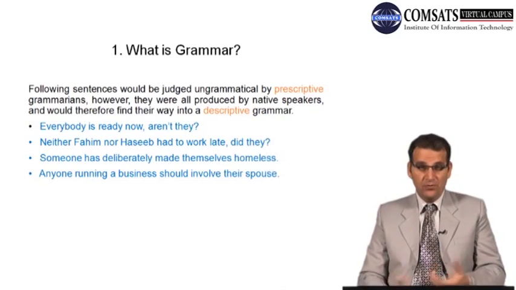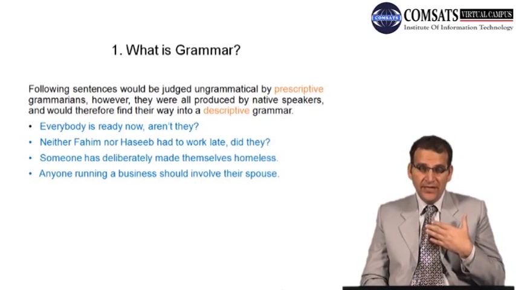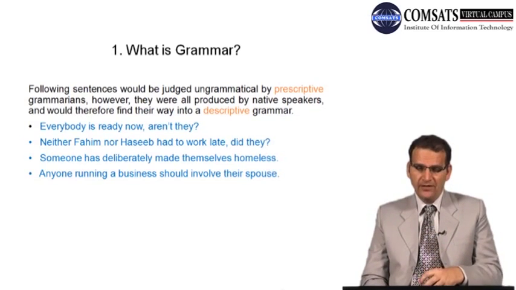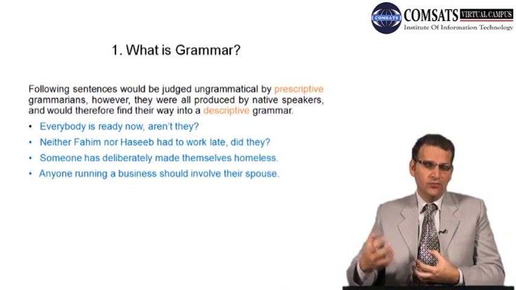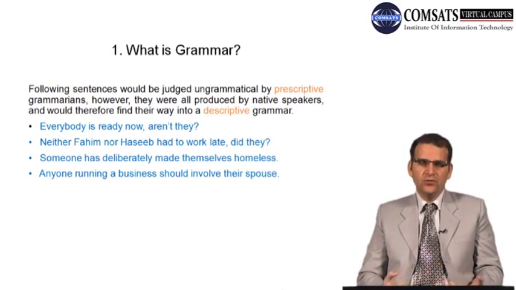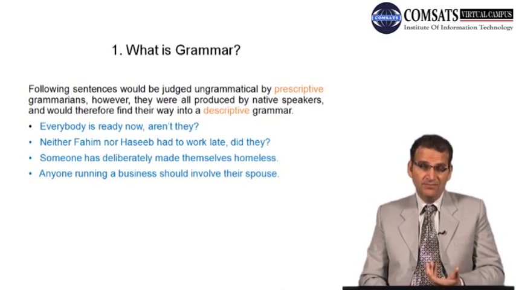I hope you understand. But of course, if you see these sentences, they are being used by even native speakers. They are accepted, in fact. Or, neither Fahim nor Hasib had to work late, did they? Again, because we are talking about only one person, if you follow the prescriptive rules, the question tag should be did he?